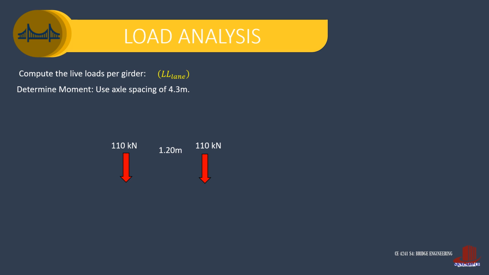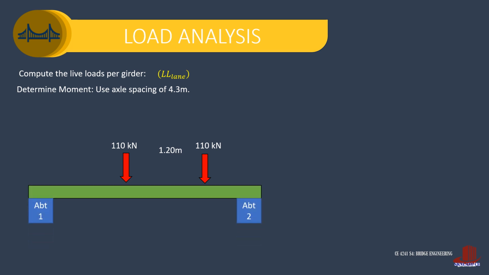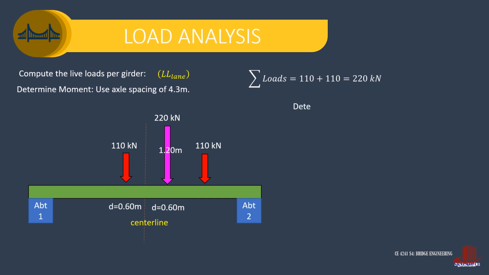Also take the moment made by the design tandem. The tandem is applied at the midspan, where the center line cuts the space between the centroid and the left axle. The distance between the center line and the wheel is 0.6. The resultant force is 220 kilonewtons, used in the determination of the reactions.